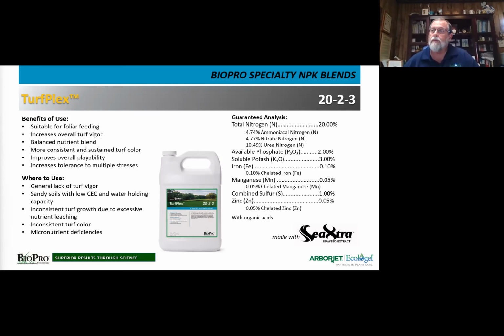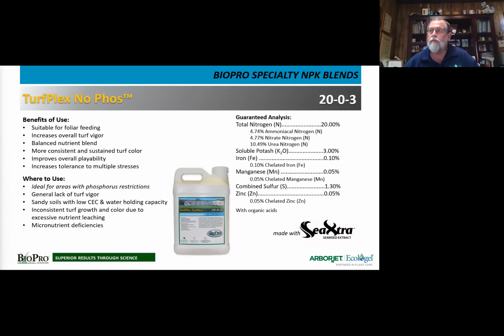That's a lot of labor, but it's an example. And then we have a no-phosphorus version of it for those states that, as I mentioned before, ban phosphorus applications during the season. Again, all foliar oriented and designed for light, frequent applications to maximize fertilizer uptake efficiency.